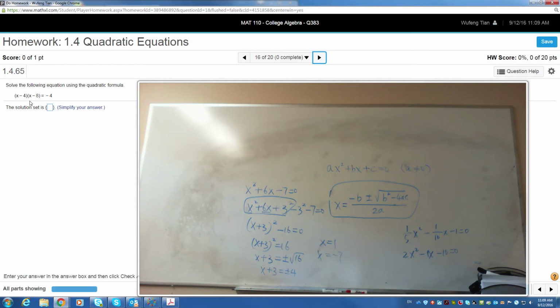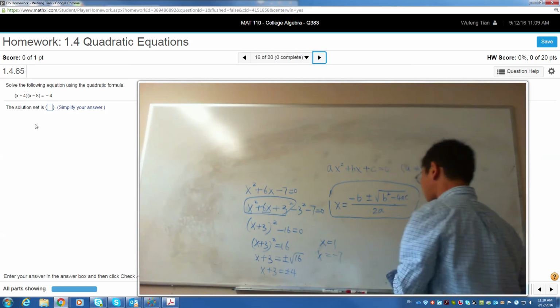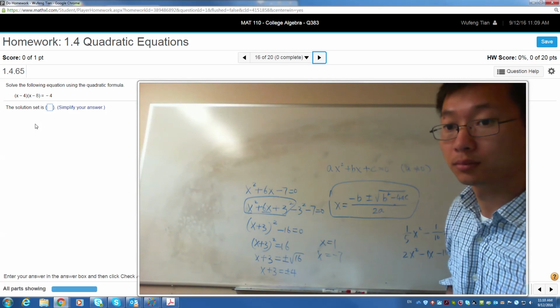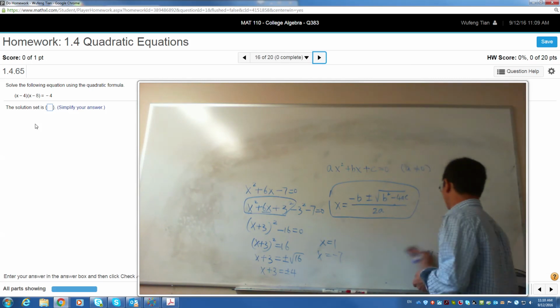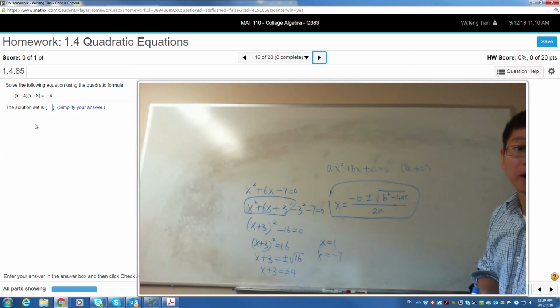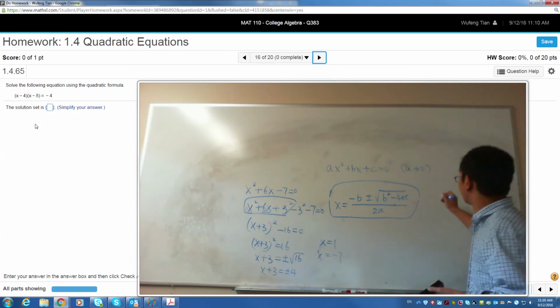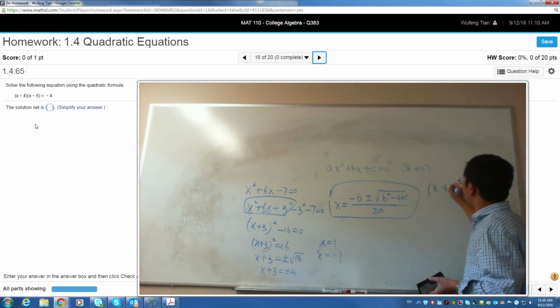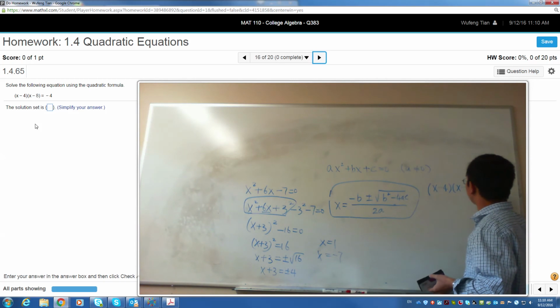Okay, so number 16. This one is not in standard form for sure, and this one is not a polynomial form. You need to FOIL it out. Just take this one as an example: x minus 4 times x minus 8 equals negative 4.